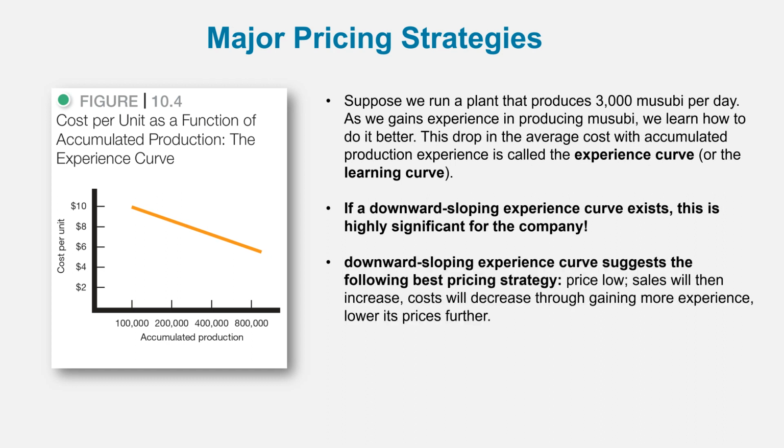This downward slope experience suggests a couple of pricing strategies. One is that if you keep your prices low, you sell more. When you sell more, you get more experience. When you get more experience, the lower your prices get. So this is a very interesting curve until you hit efficient capacity, and then it goes back up again.